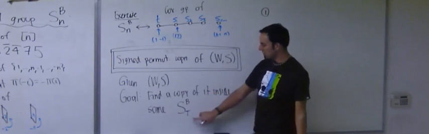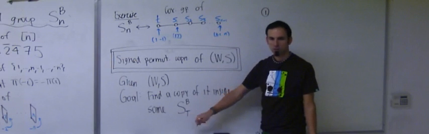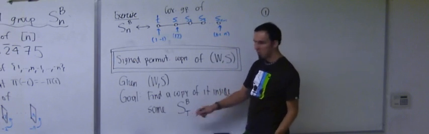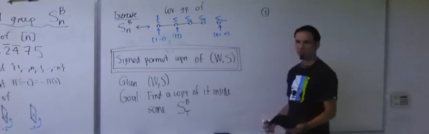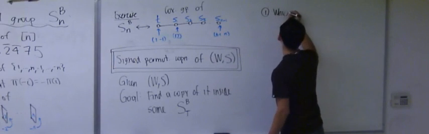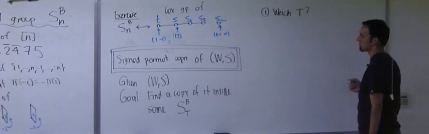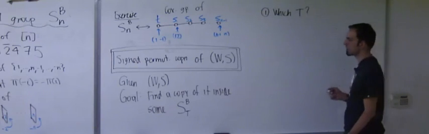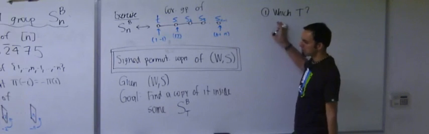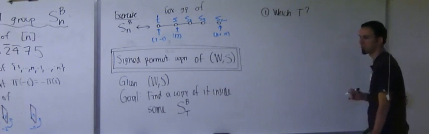And the first thing I want to decide is what is this T? What are the objects that I'm going to be permuting? That's the first question. Now, one thing I should say, I'm going to first describe this to you abstractly, and then we'll do an example of how this works.